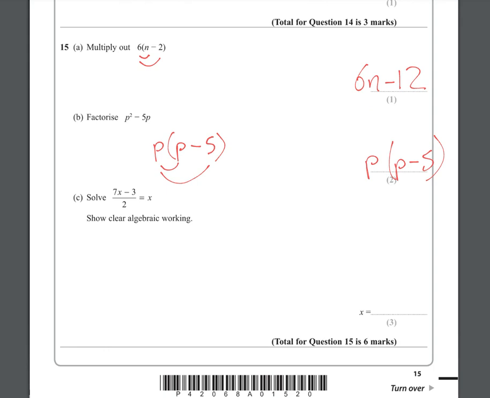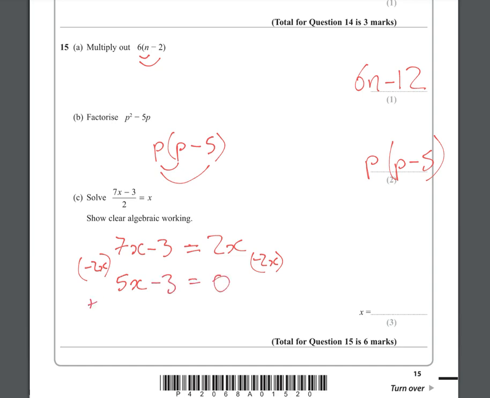And then this one, there's two different ways of doing this. I think probably the easiest is to multiply both sides by 2. So if you multiply this side by 2, you just get that. Then you've got to multiply the other side by 2, so you get 2x. Then you're going to minus 2x from both sides. So I'm going to get 5x and minus 2x from here, because I've got 2 lots of x's and I don't want that. 5x minus 3 equals 0.